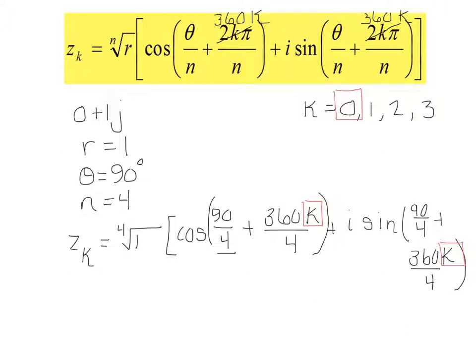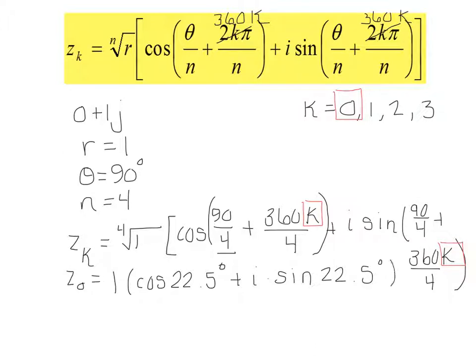So my angle measure in this case for my first fourth root of j is just going to be whatever 90 divided by 4 is, and that's 22.5 degrees. So z sub 0 will equal the fourth root of 1, which is 1, times the cosine of 22.5 degrees plus i times the sine of 22.5 degrees.